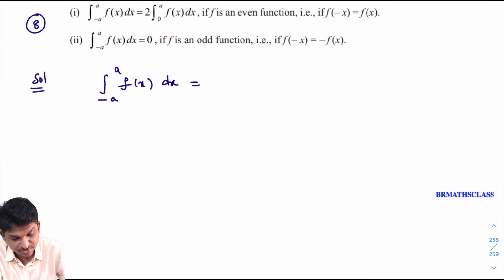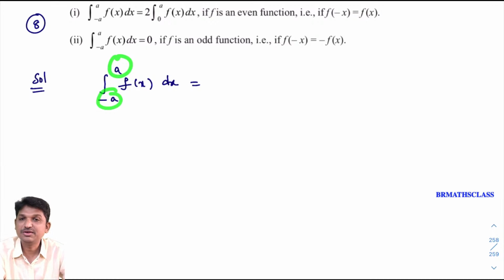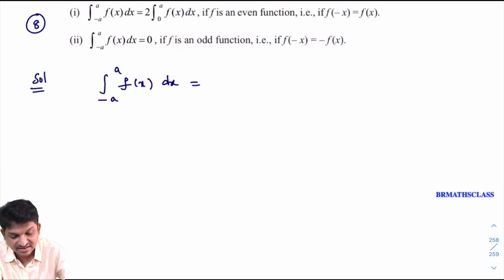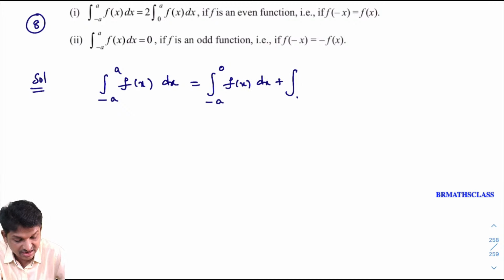Since 0 is in the closed interval minus a to a, this can be written as the integral of minus a to 0 f of x dx plus the integral of 0 to a f of x dx.